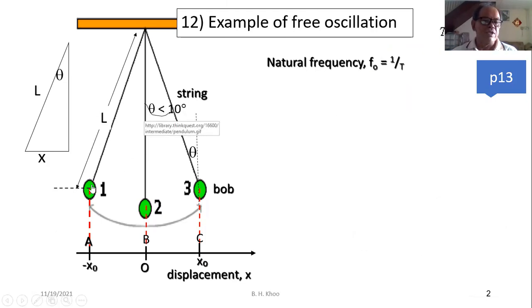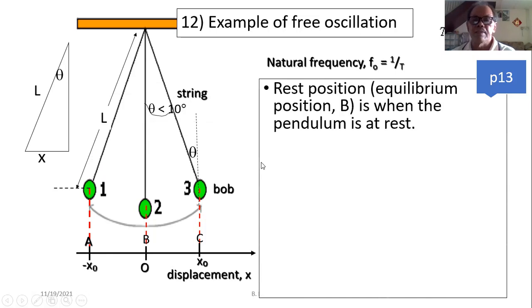So if you take this triangle, you will find that this is your L, that's your x. This is the rest position or equilibrium position when the pendulum is at rest, when it's not moving.